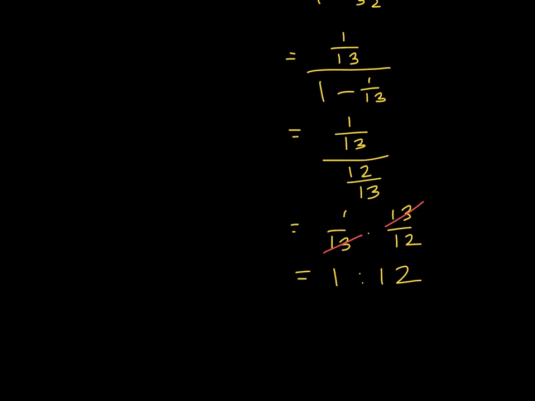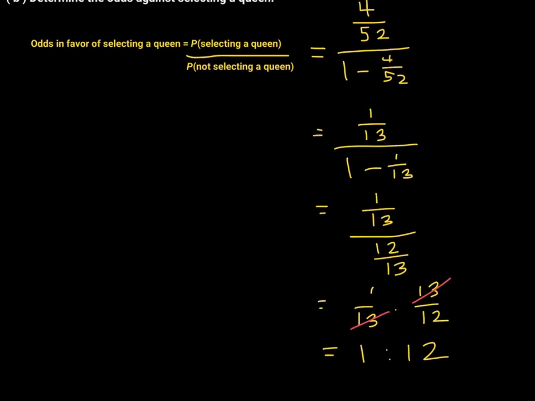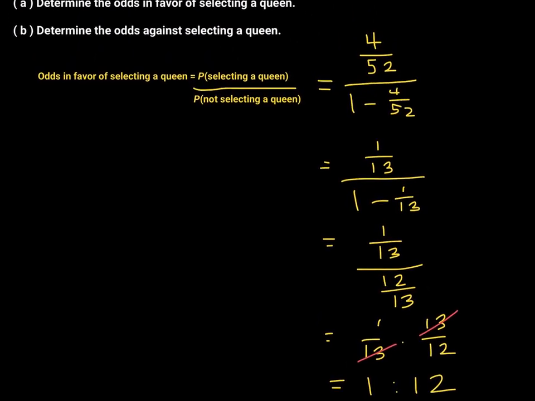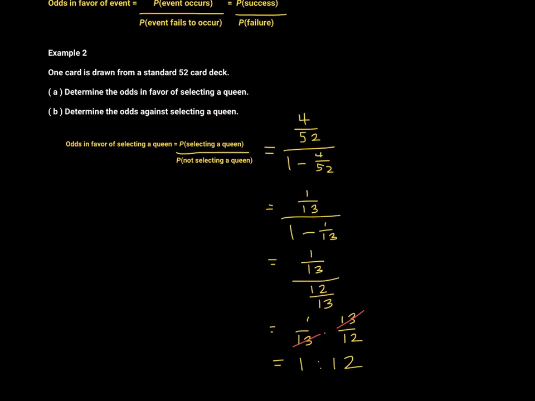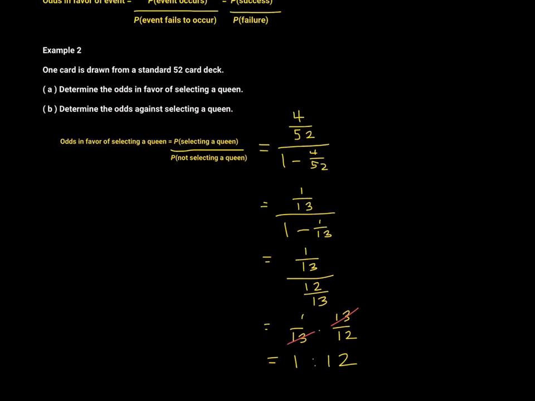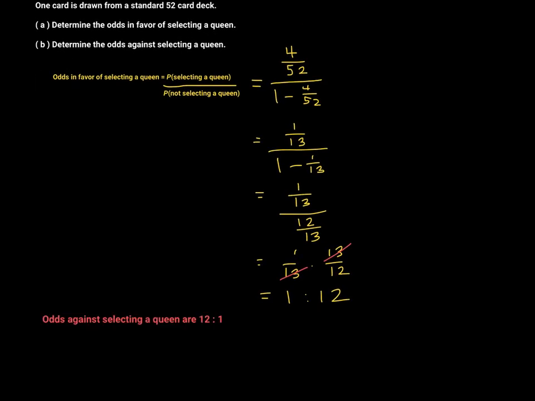Now, let's save ourselves some work here, everybody. If 1 to 12 are the odds in favor of selecting a queen, then the odds against selecting a queen is just the reversal, so 12 to 1. Okay, that saved us a lot of time.